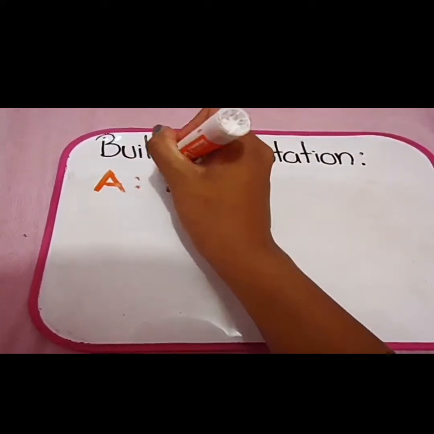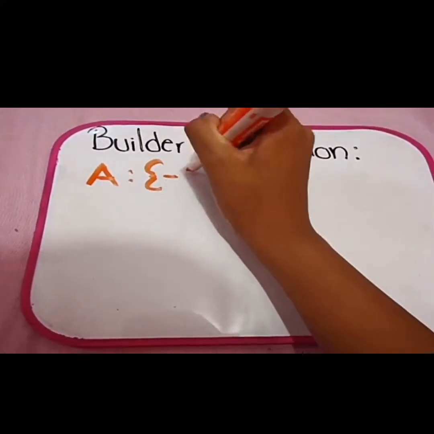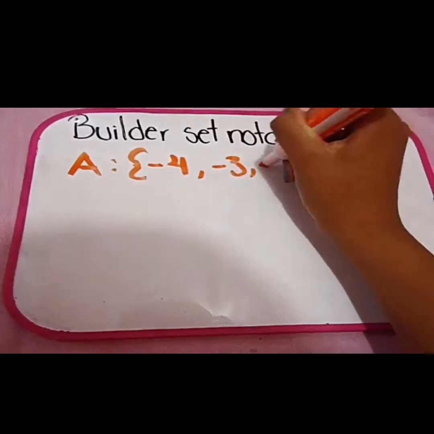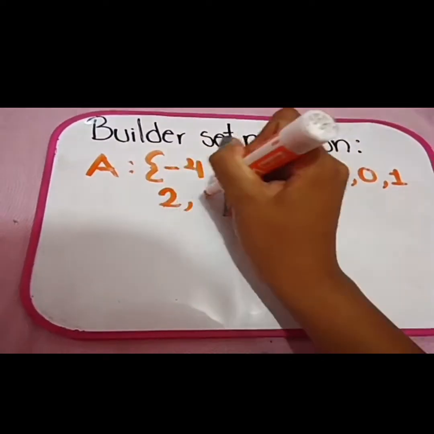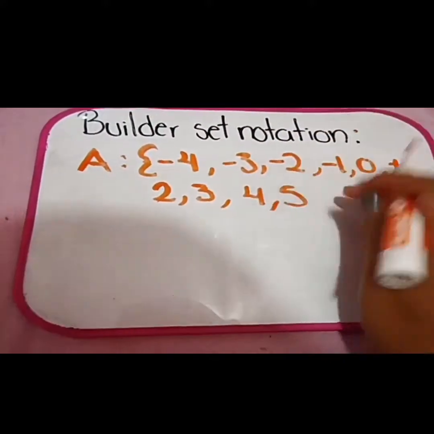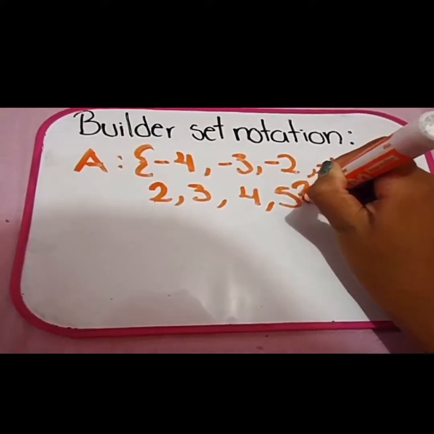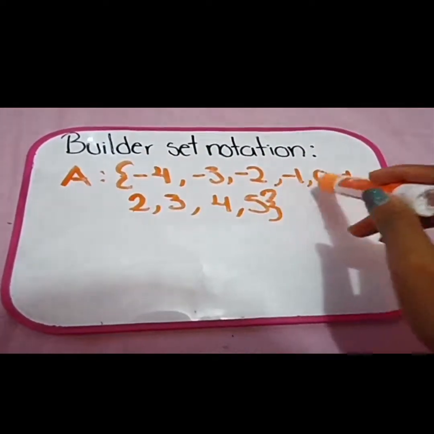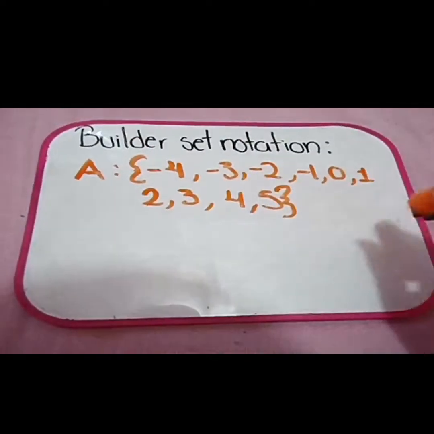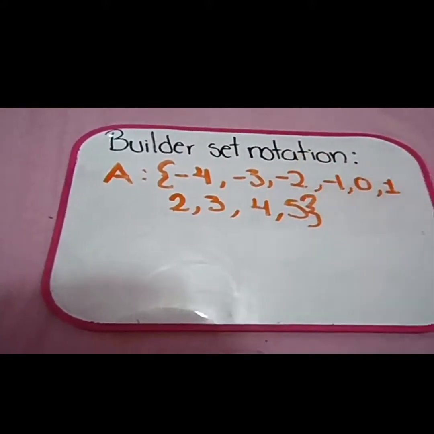Well, now we have here an example. We're going to use the roster method to help us here. We're gonna use this set to build up the set builder notation. So here we have our set, and then we're gonna use the formula.